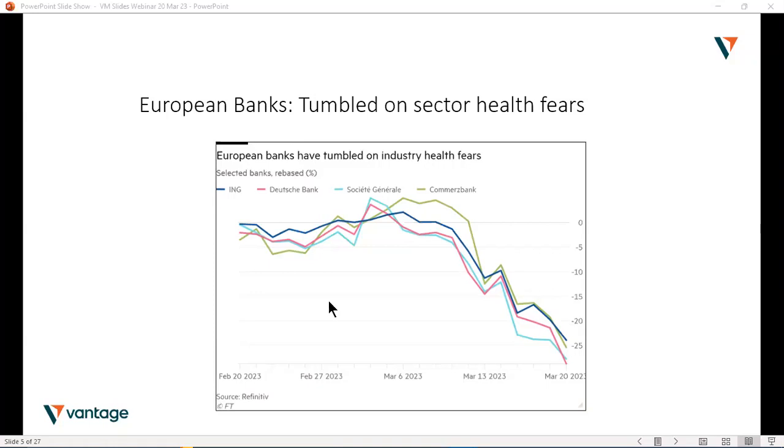As I said, I wanted to bring in this idea of the dollar smile. Don't remember actually who thought of it, but it's always good to remember this smile curve. If you think of a smiley face, the dollar does well at either end, so when things are very bad or very good. Very bad was at the start of the financial crisis in 2008 and the start of the pandemic in March 2020.